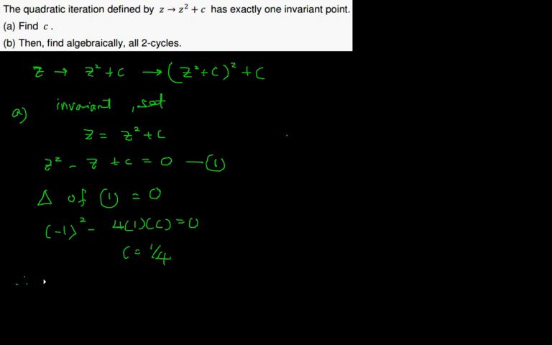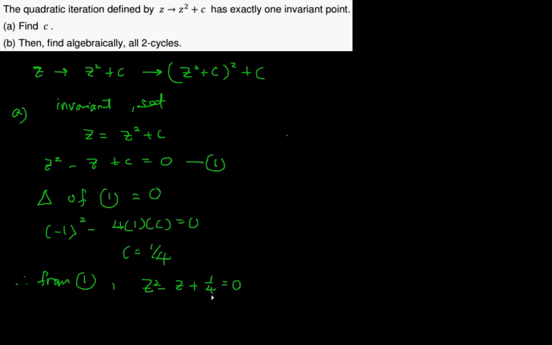And just to complete writing the solution, I substitute this back into equation 1, and so I have z squared minus z plus 1/4 equals 0.